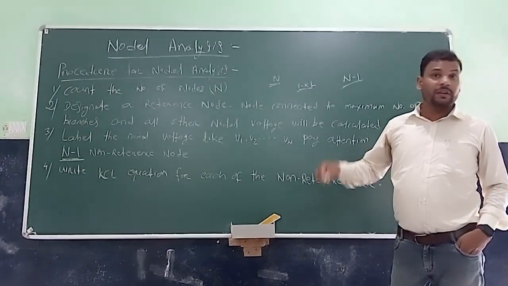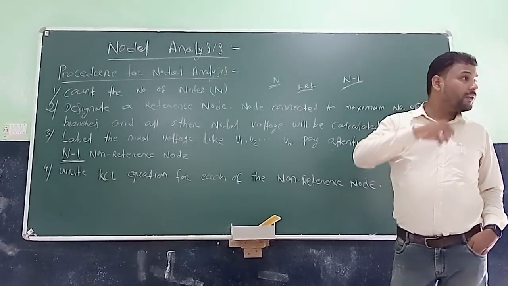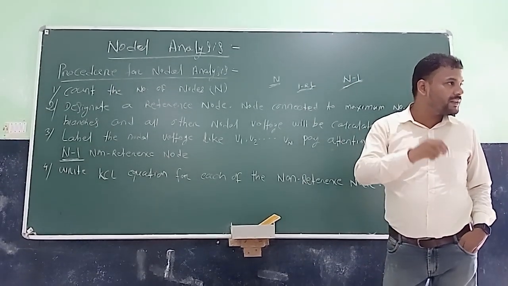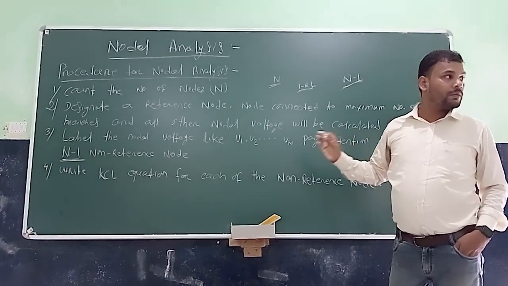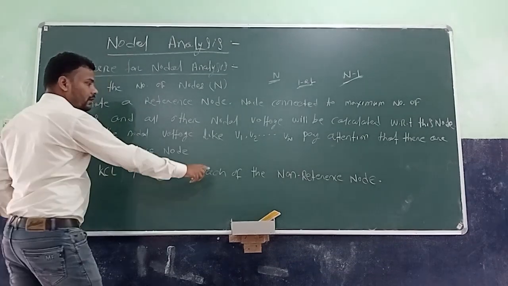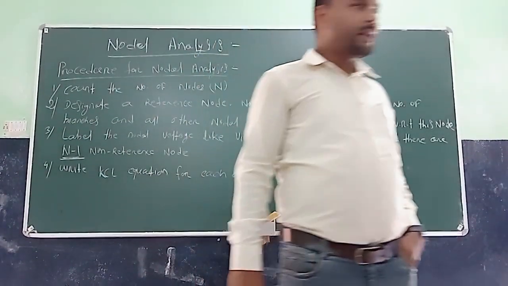So the number of equations depends on the number of non-reference nodes, which means the number of equations equals n minus 1. Then write the KCL equation for all non-reference nodes.